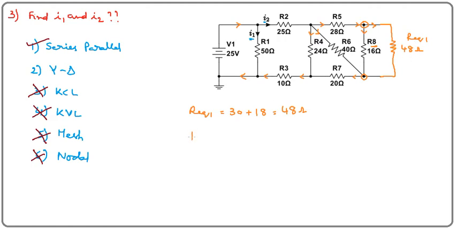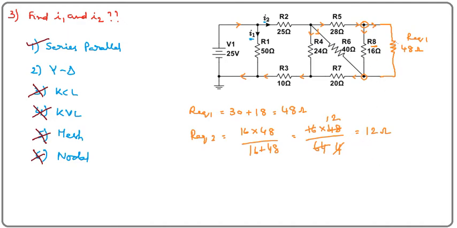Let me write this as R equivalent 2, which is equal to 16 into 48 divided by 16 plus 48, which is equal to 16 into 48 by 64. That gives 12 ohm. So R equivalent 2 is equal to 12 ohm.